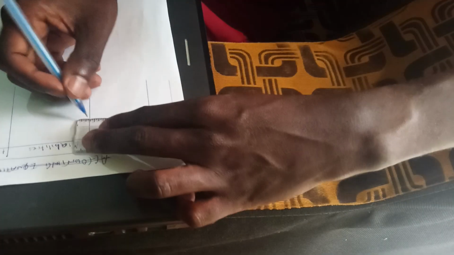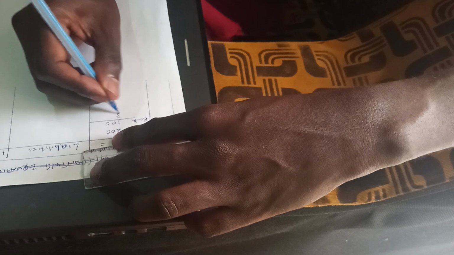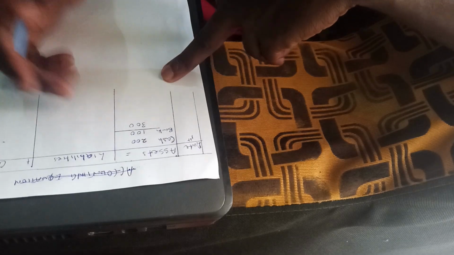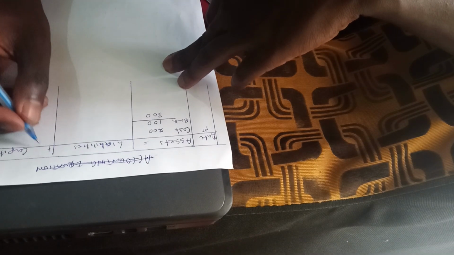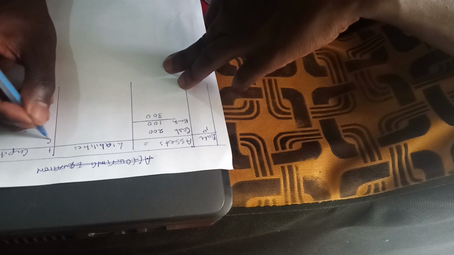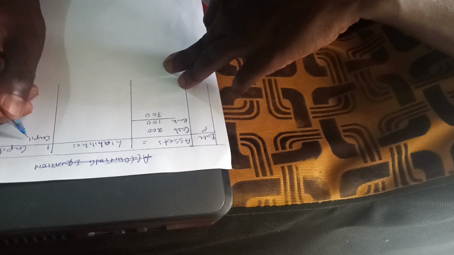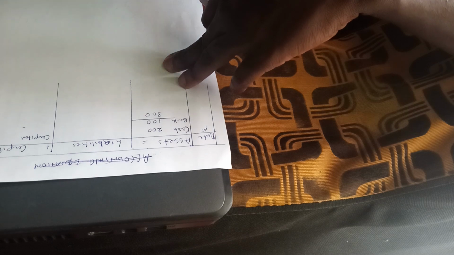When I had this amount I get 300. That means this is my capital I started with. I come here and write capital, which is 300.